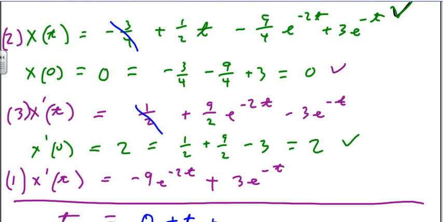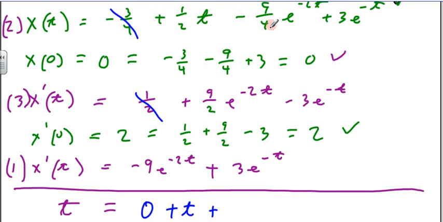And then I've got 9 halves minus 9 halves plus 27 halves minus 9. Okay, so 27 halves minus 9 is 18 halves.